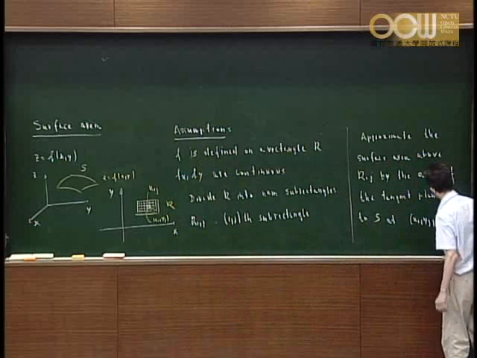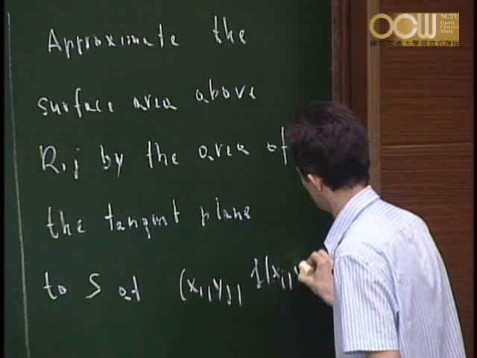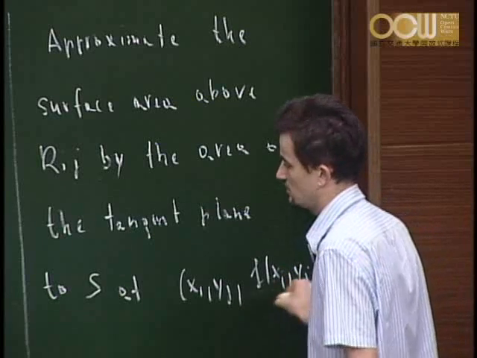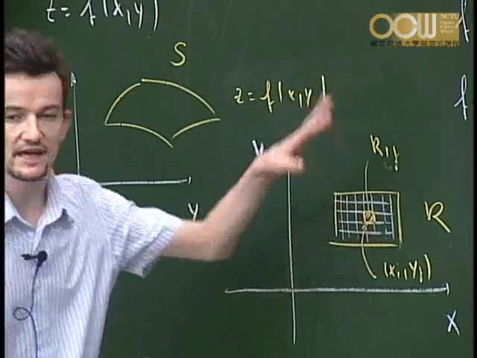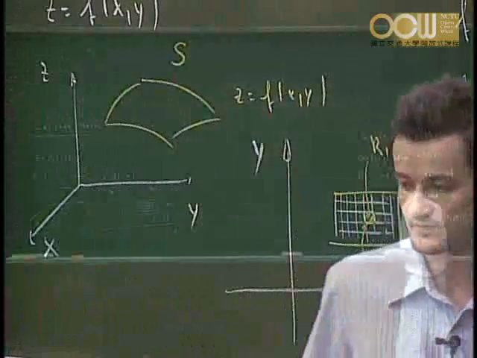If you want to see the third coordinate, then of course f xi yj. Okay, so this will give us an approximation for the surface area lying above this subrectangle, and then we add over all the subrectangles.